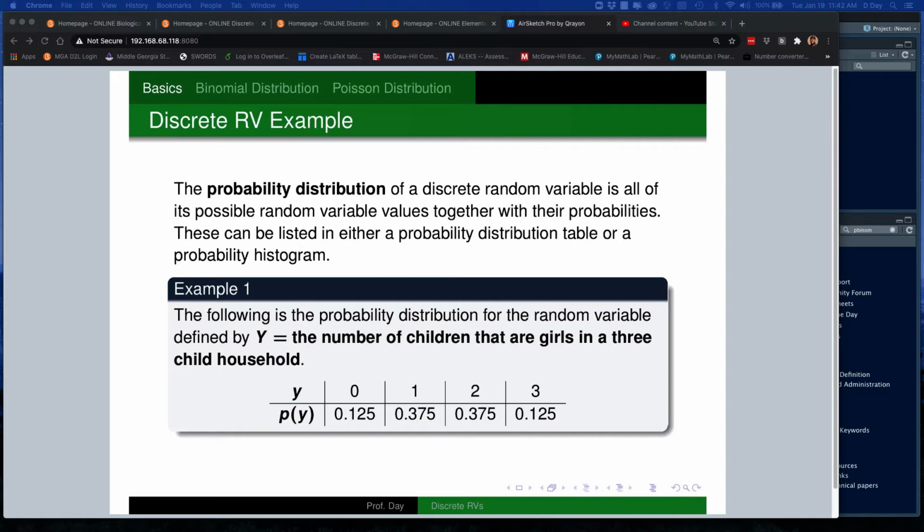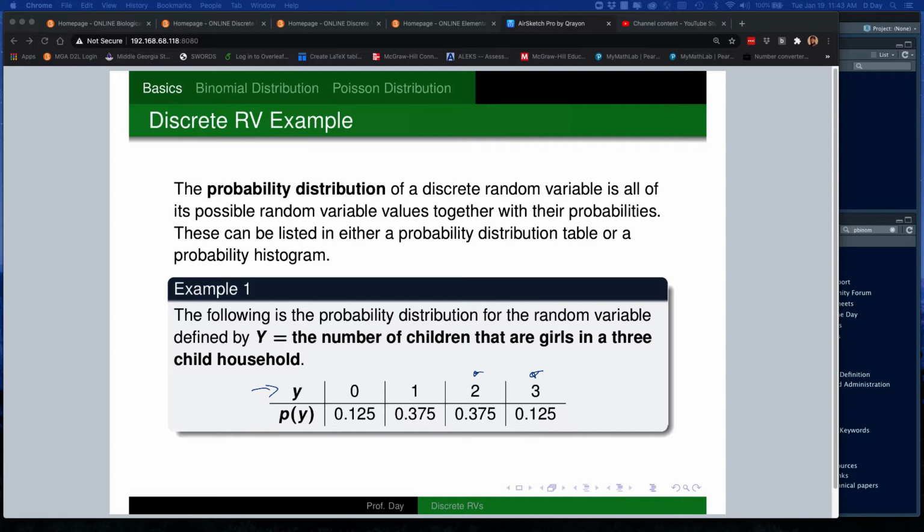We see the random variable across the top here, Y, can take on 0 for 0 girls, 1 for exactly 1 of the 3 children is a girl, 2 of the 3 children is a girl, or 3 of the 3 children, or all 3 children, are girls.